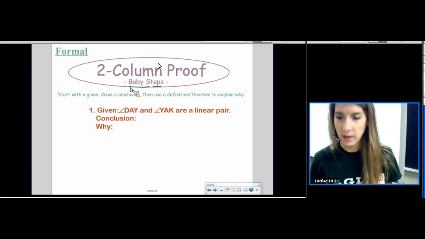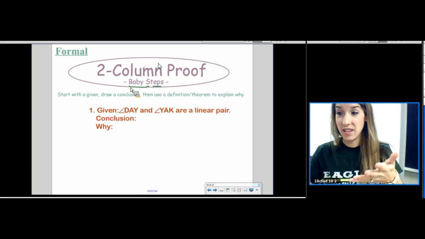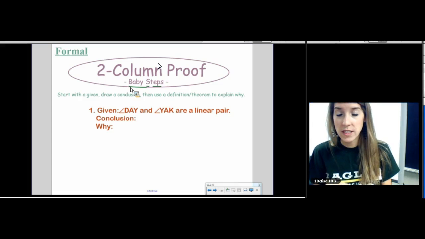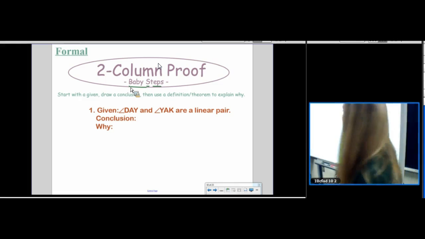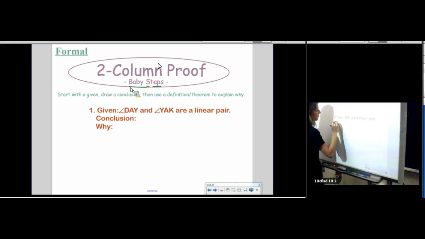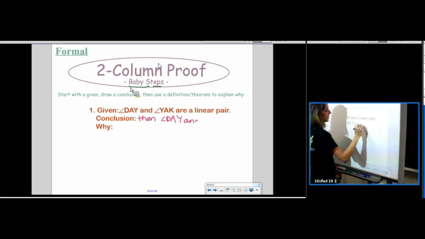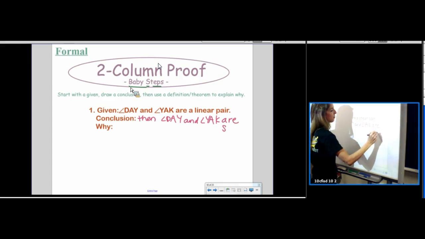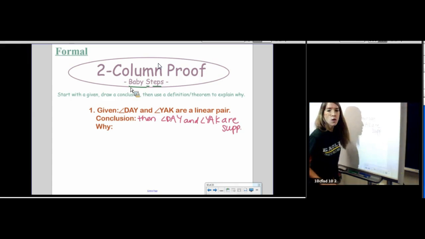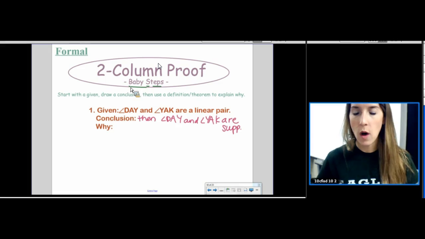If two angles form a linear pair, well, that's given. That's the hypothesis. What's the conclusion? On this sheet, what comes after the comma? Good. If they form a linear pair, then day and yak are supplementary. What is the why? What's the why?